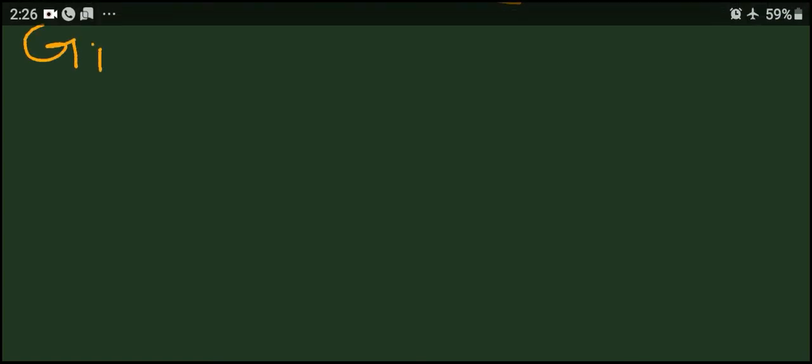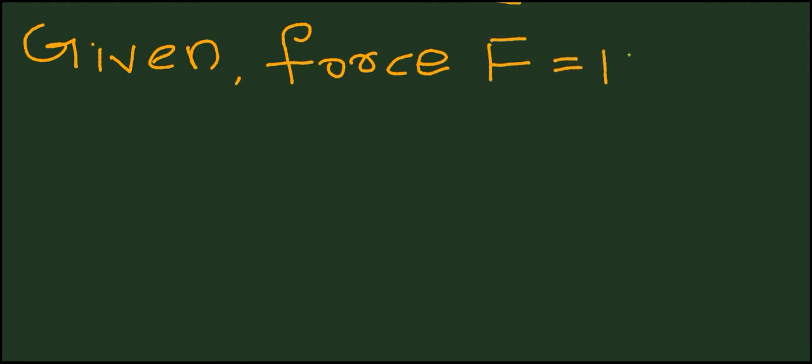Okay, students, here also given that, please write in your rough copy, given that force F is equal to 150 Newton. Distance also given here.